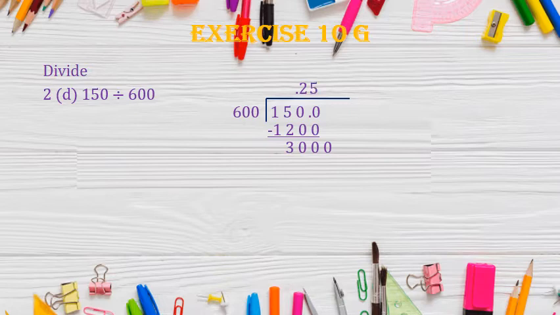And we know that 600 5s are 3000. So in the quotient we will write 5, and then we will write 3000 below 3000, and we will subtract 3000 from 3000, and we get 0 as remainder. So the answer or the quotient of 150 divided by 600 is equal to 0.25.